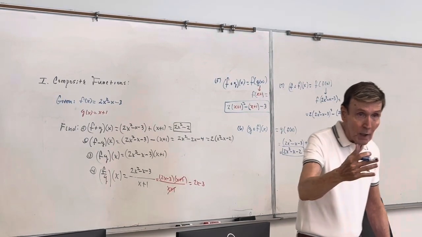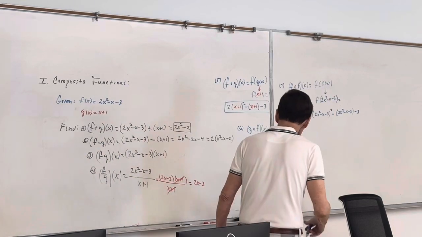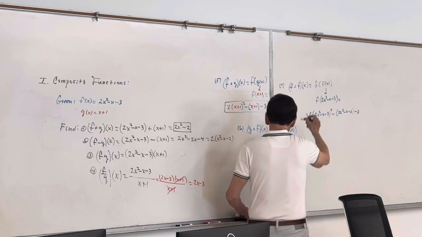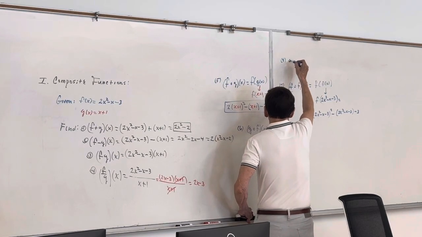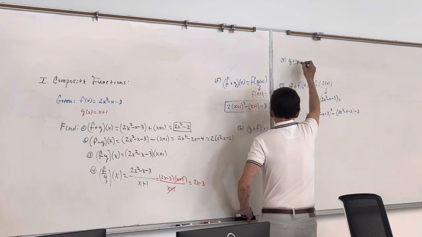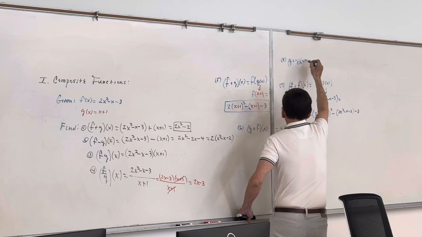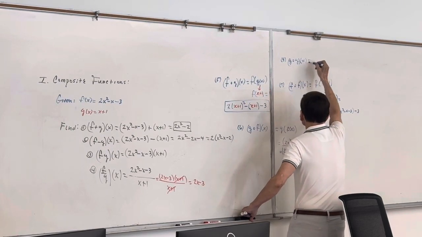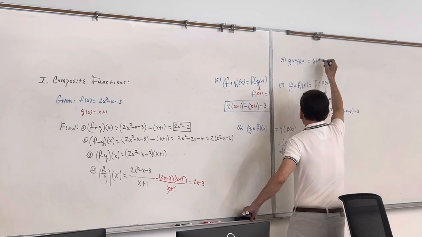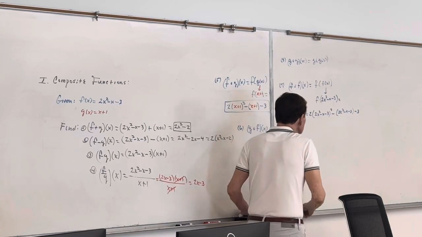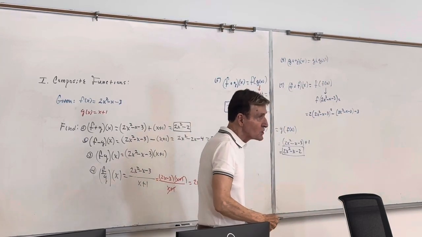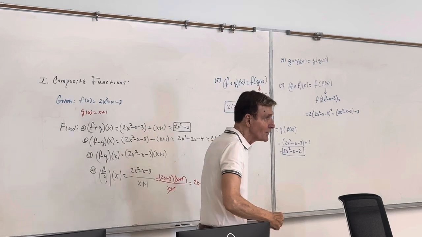Okay, and the last one, number 8. Let me put it up here. They ask me to find g with g, which means place g into itself. This is going to be easier.